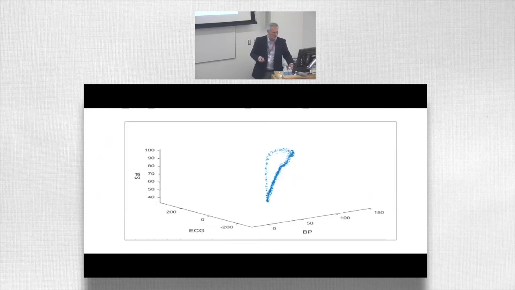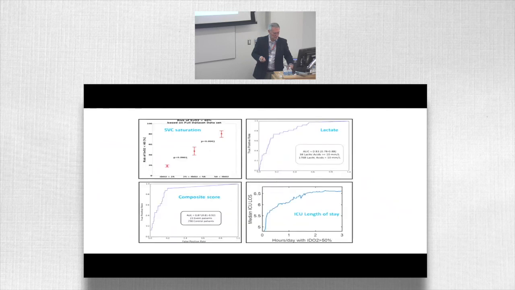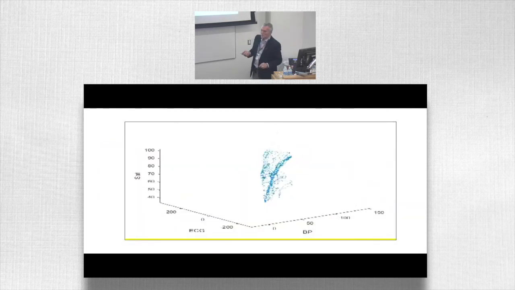So I wanted to finish with this last one. I'm sorry, because I think this is the future as well. And this is where we start to integrate data from a whole lot of different sources. And these are just ECG, saturation, and blood pressure. But what we're seeing here is the relationship continuously between those signals and then some perturbation in those signals. We're going to see a much different way in which we understand the interaction between these signals.